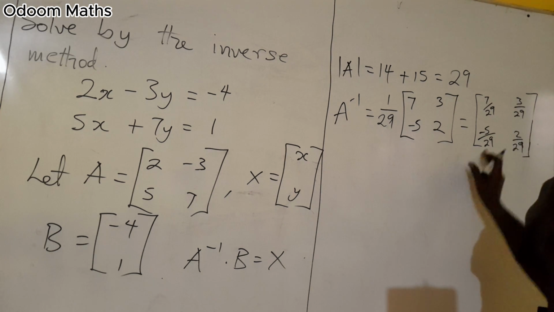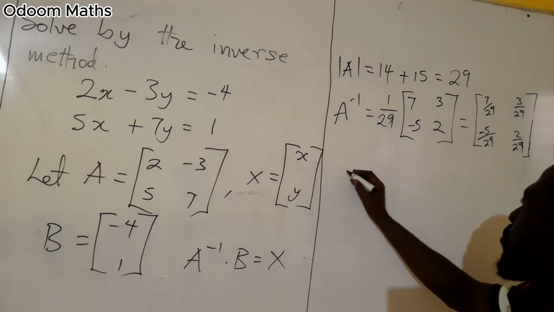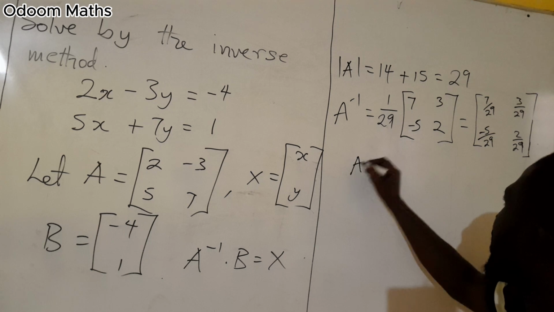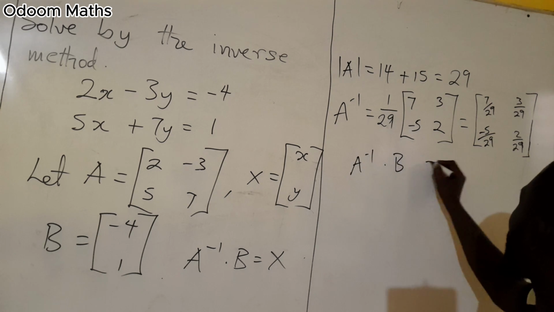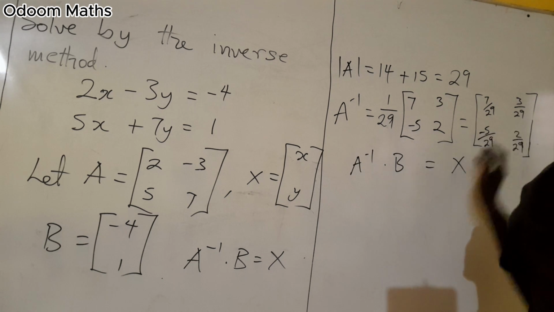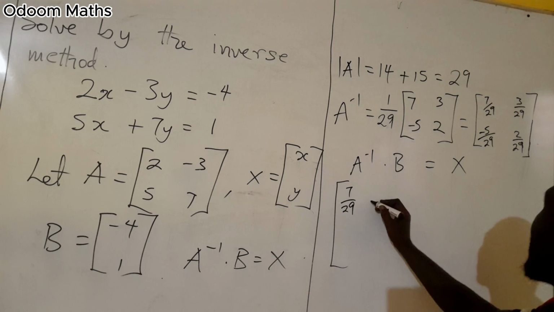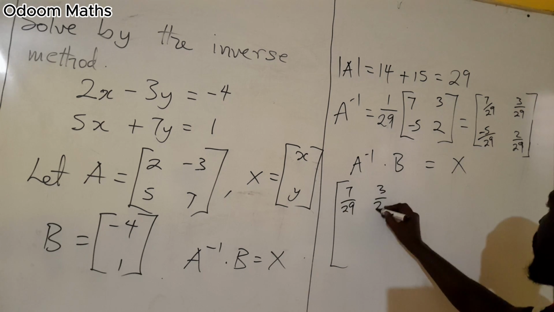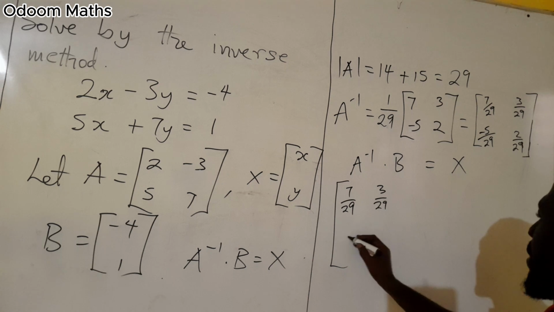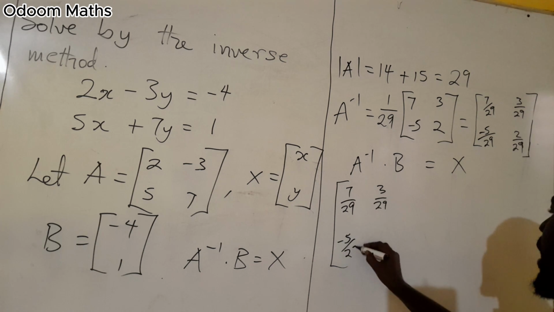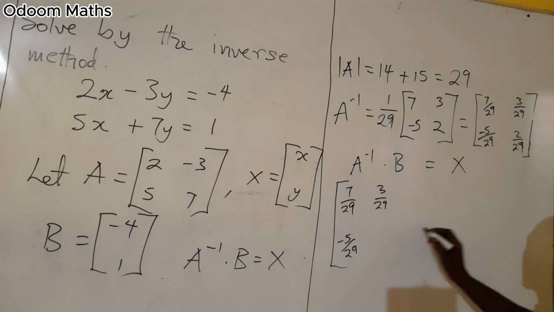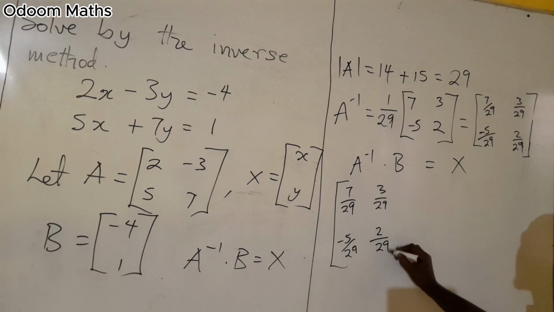Now we need to multiply this with B, so A inverse times B should give us X. So A inverse is 7 over 29, 3 over 29, then negative 5 over 29, and again 2 over 29.